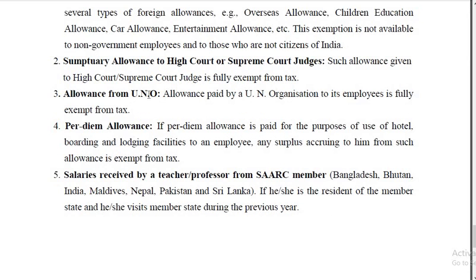Next one, allowance from UNO, United Nations Organization. Allowance paid by UNO to its employees is fully exempt from tax. Per diem allowance: if per diem allowance is paid for the purpose of hotel, boarding and lodging facilities to an employee, any surplus accruing to him from such allowance is exempt from tax.